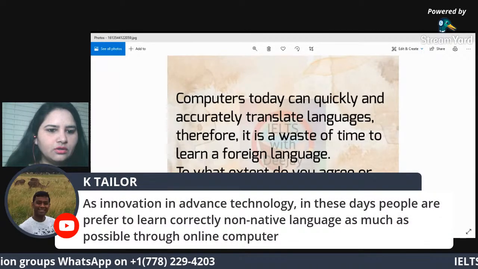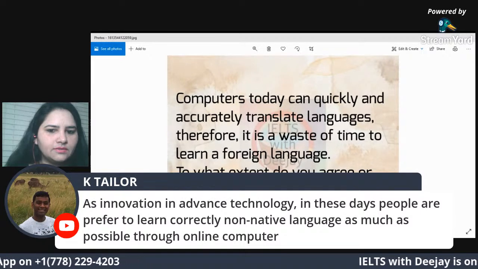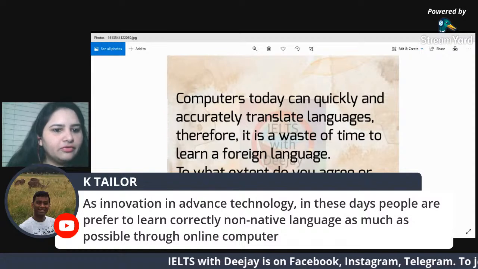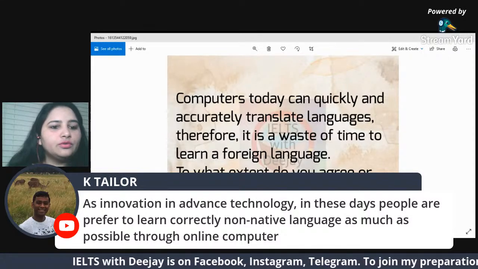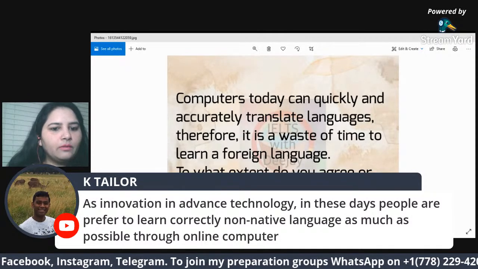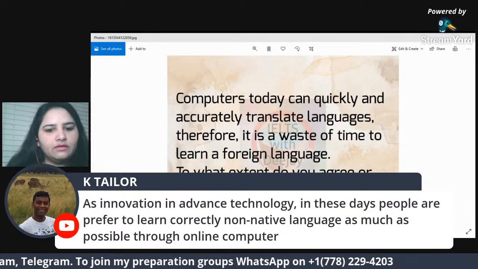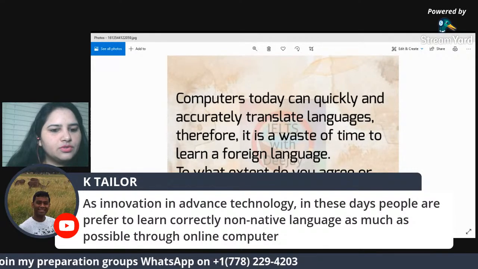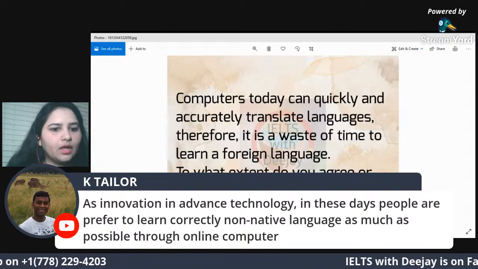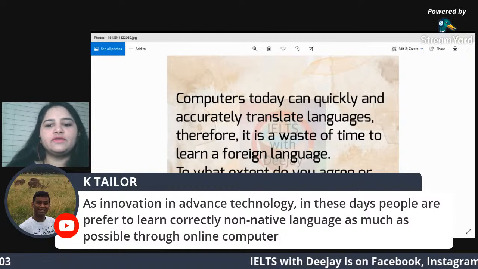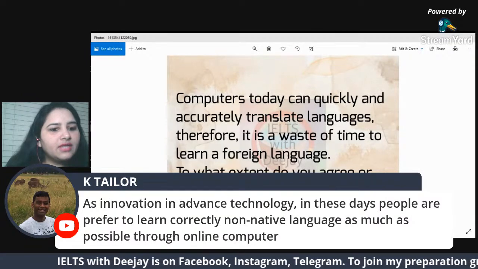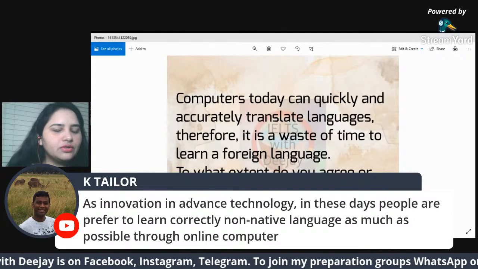As innovation and advanced technology in these days, people are preferring to, or people prefer to, because with "are" we have to use "ing", so you can't write both. People prefer to learn non-native language as much as possible through online computer. No, no, no. The question is different. They're saying that you do not need to learn a foreign language because computers can translate the languages quickly and accurately.